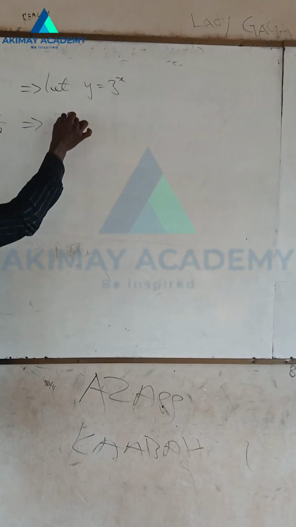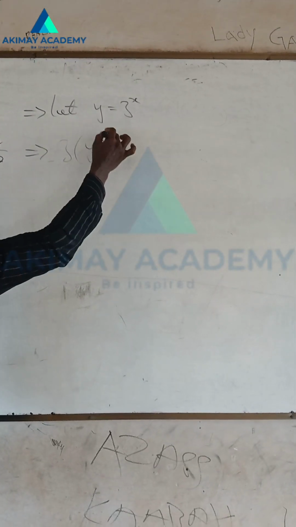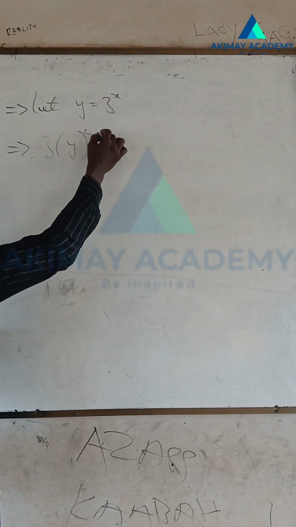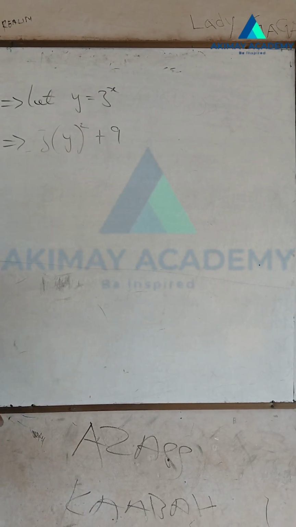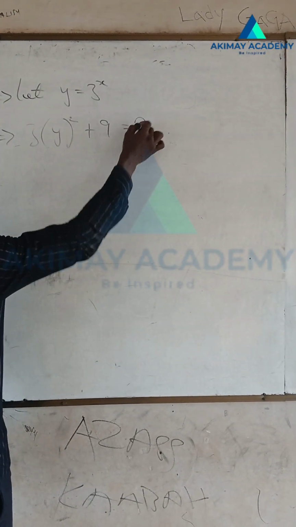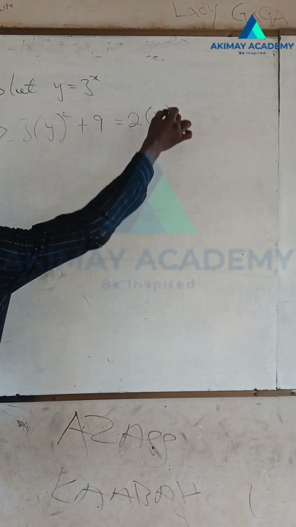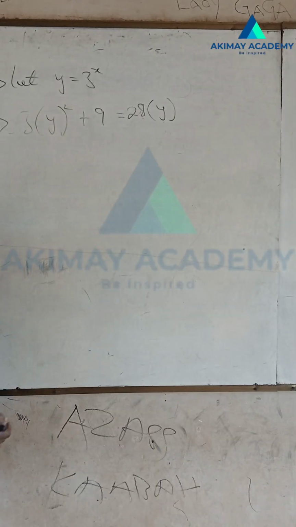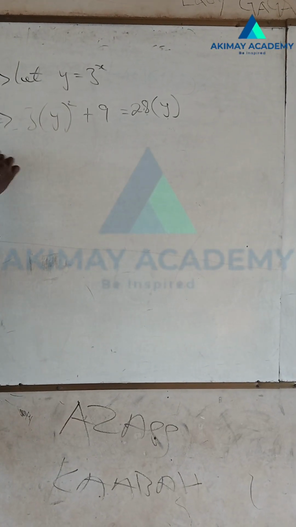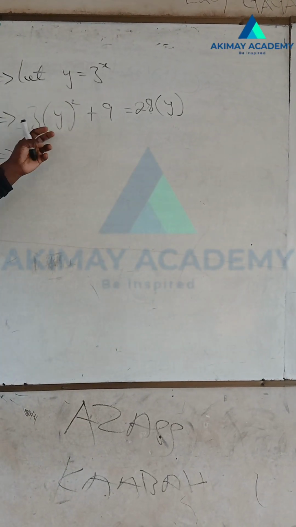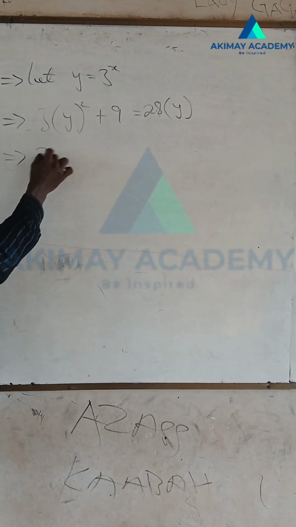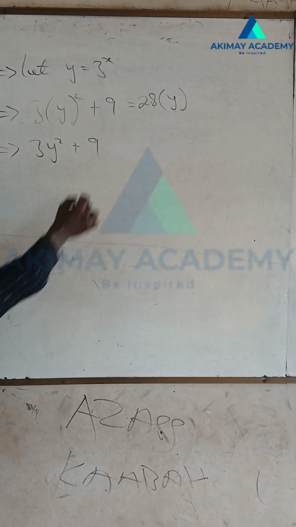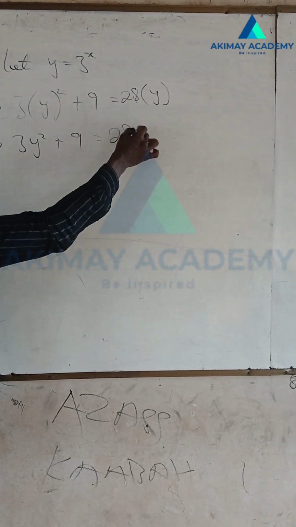So we are going to have 3y squared plus 9 equals 28y. When we expand the bracket and multiply, we're going to have 3y squared plus 9, and this is going to give us 28y.